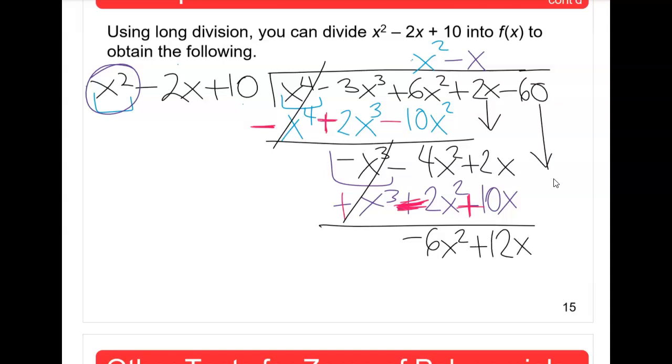Then we drop the next term. And then finally we divide here. Negative 6x squared divided by x squared. So that will be negative 6. Then I need to multiply.